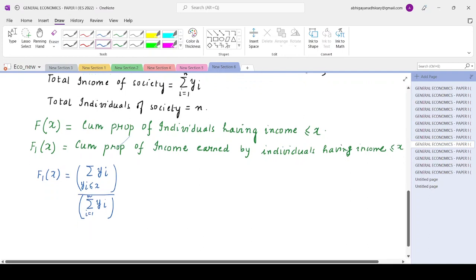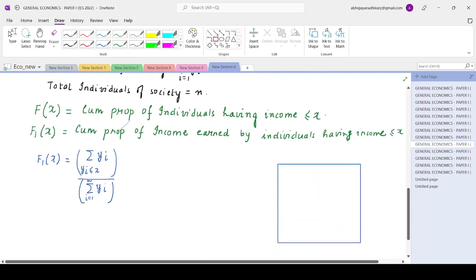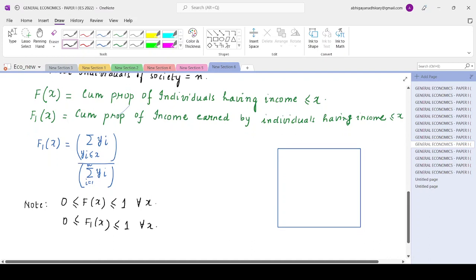Okay, so now when you are trying to plot these two together for a society, note one thing. Fx also lies between 0 and 1, right, for all possible income values, and F1x also lies between 0 and 1 for all possible income values, right? So you start with 0 and both of them are 1. So the space in which you will be drawing a Lorenz curve is basically bounded by 0 and 1.